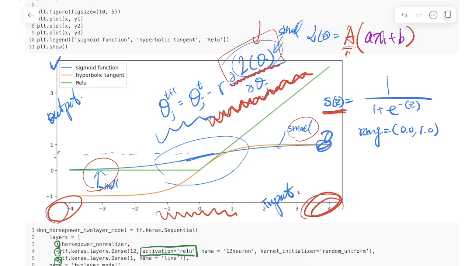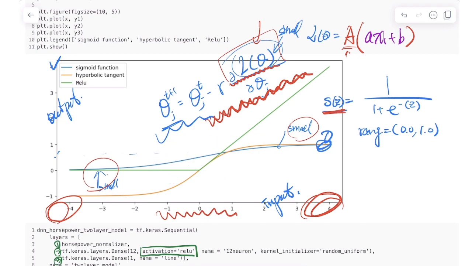Even if the sigmoid function looks so flat, if you perform normalization first you still have some slope right here, so when you perform gradient descent to get a new parameter, a new weight, it still works.